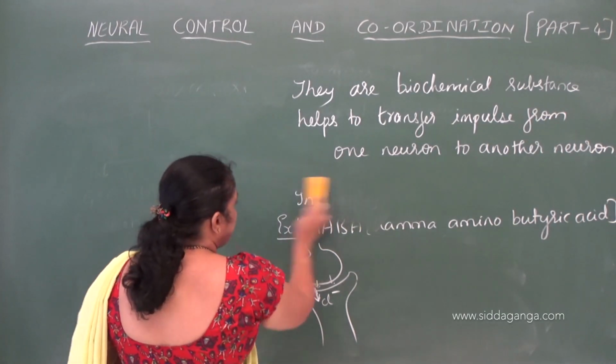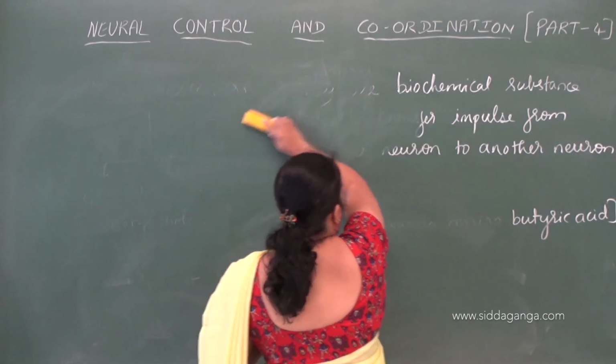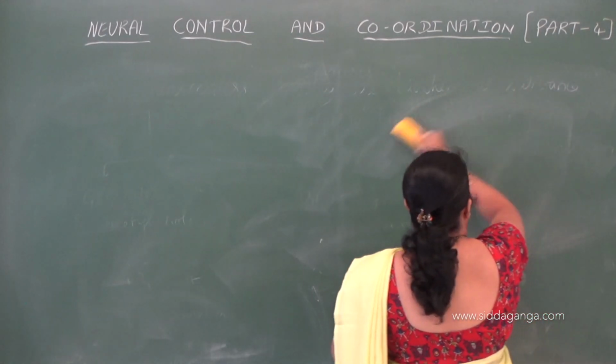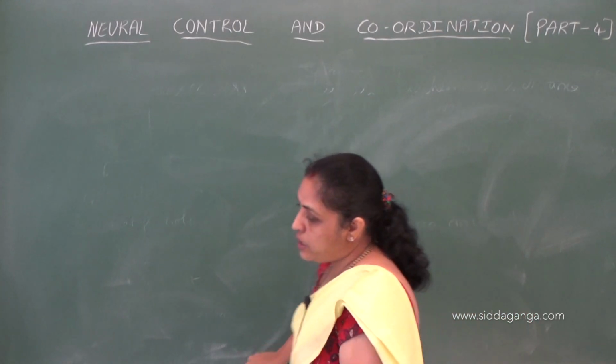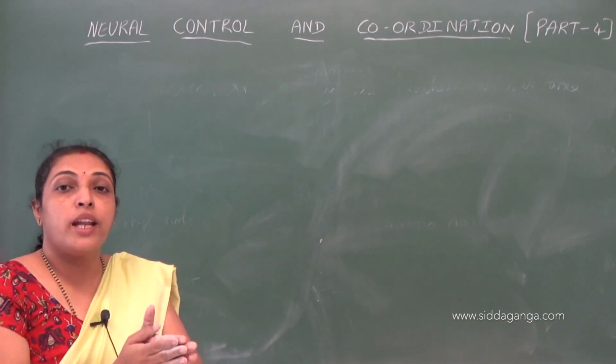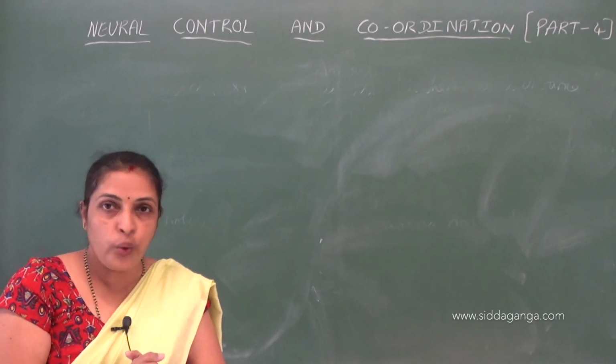So in this class, for your exams, what you have to remember is that synapse is a junction between two functional neurons, that is between the axon terminal or synaptic knob of one neuron with the dendron of another neuron.